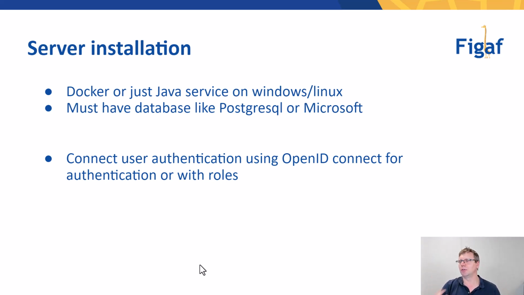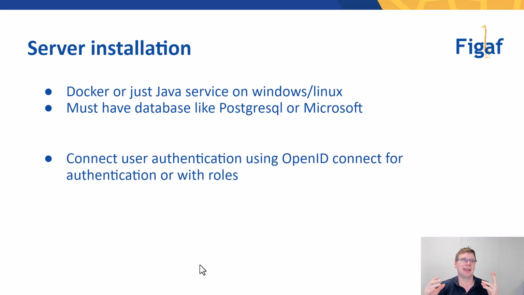We do support user authentication using OpenID Connect, so you can either just get the authorization that this user is valid to log in and then assign the roles in the Figaf tool, or you can use the OpenID Connect to actually send out the roles that you use. So it all depends on how you're managing your users for these things.